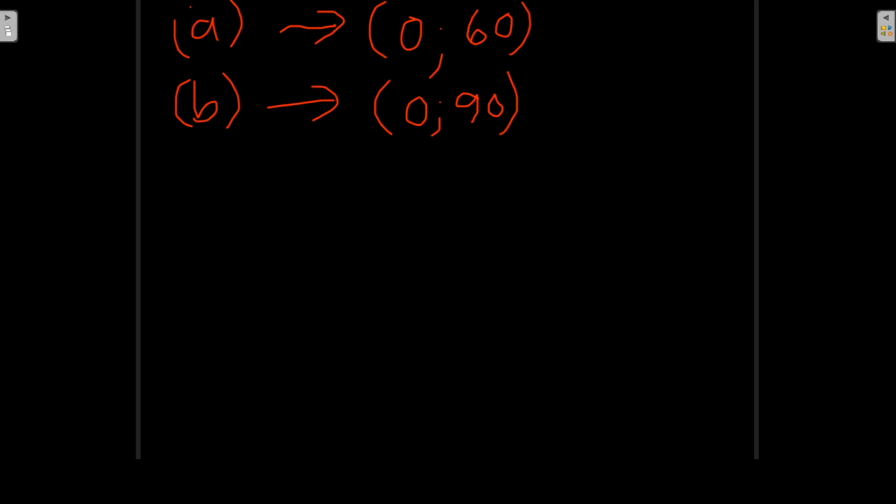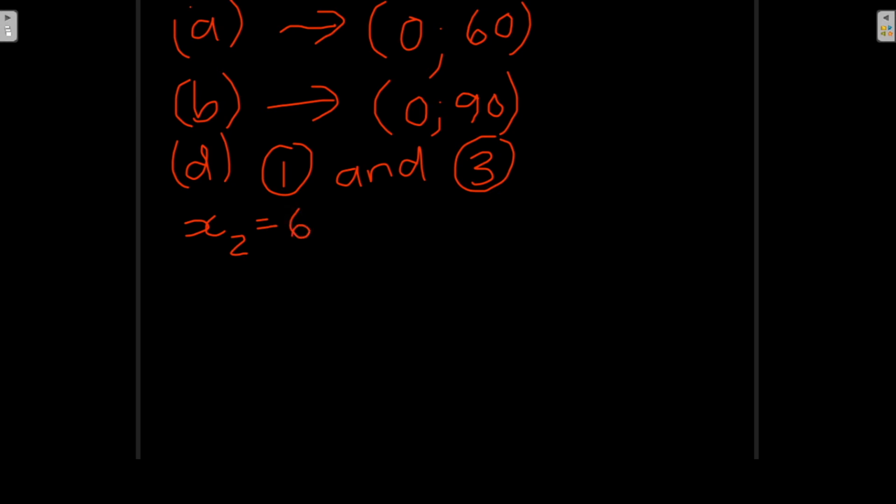Okay, so for corner point D, we know that that is where constraints 1 and 3 intersect. Now, line 3 is where x2 is equal to 60. To find the value of x1, we will substitute x2 equal to 60 into equation 1.